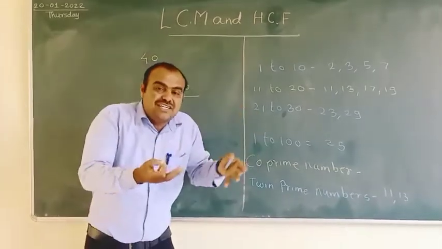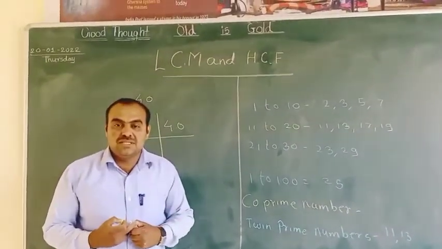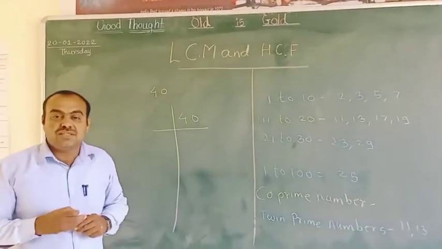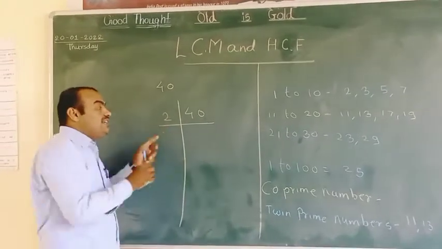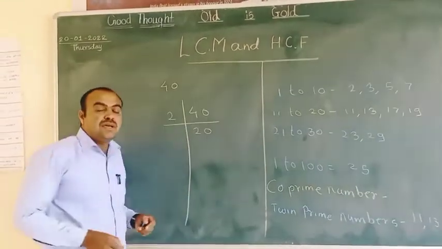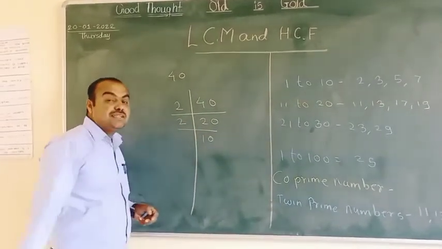The numbers we divide 40 by, starting from the first prime number, we write on the left side. The first is 2. If we divide 40 by 2, we get 20. Again 20 divided by 2 gives 10.